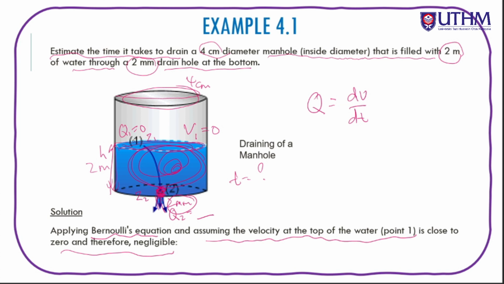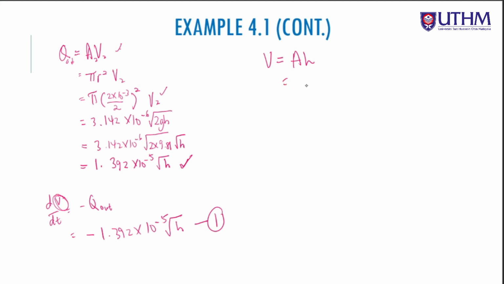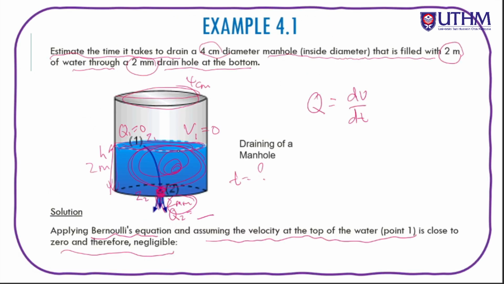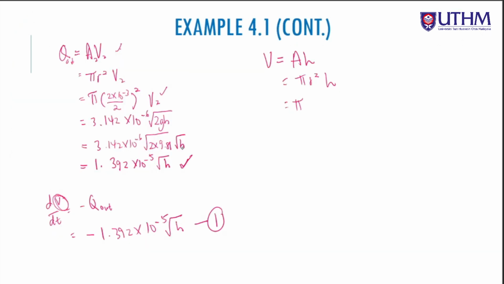Area bulat ni apa, this circumference ni times the height. Okay, area equals to pi r squared, sama macam tadi, and then times H, and then since the diameter given adalah berapa tadi, 4 cm, so kiranya 4 kali 10 kuasa negatif 2 lah, tapi divided by 2 lah, sebab R yang given is diameter.